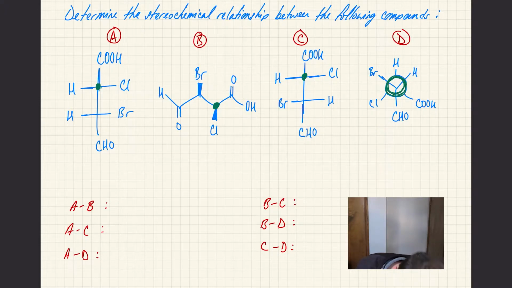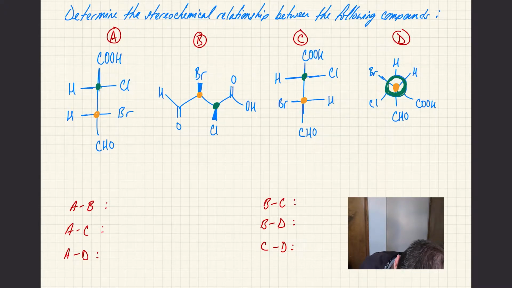And then I'll use orange for the other one. There's my orange carbon, and this just helps us keep track of all of our accounting. It's the one in the front of our Newman projection.